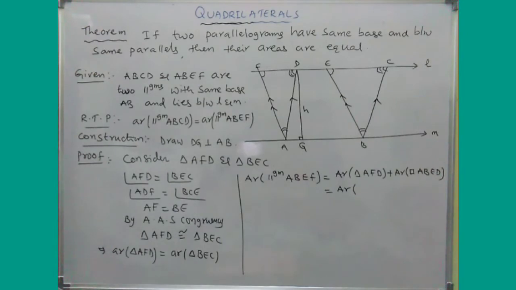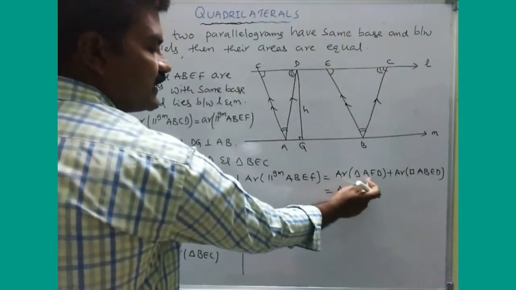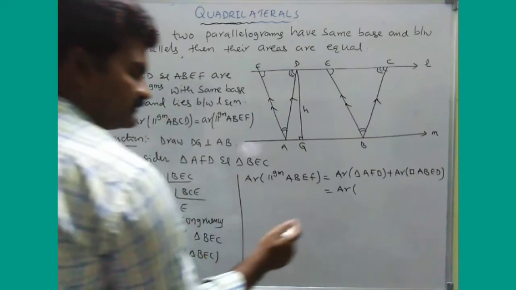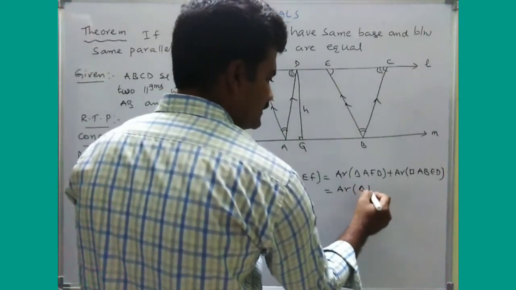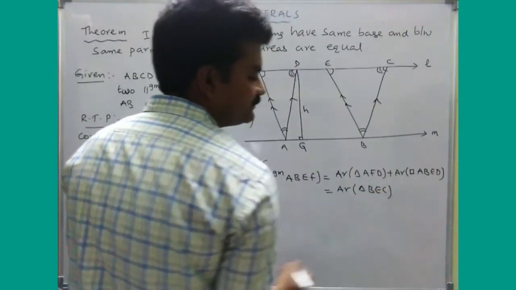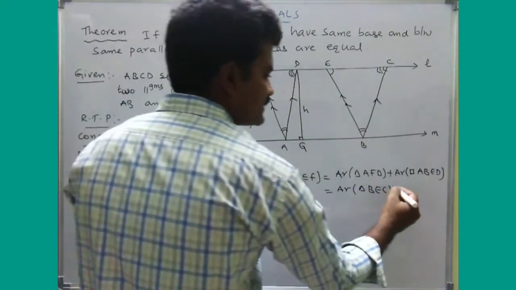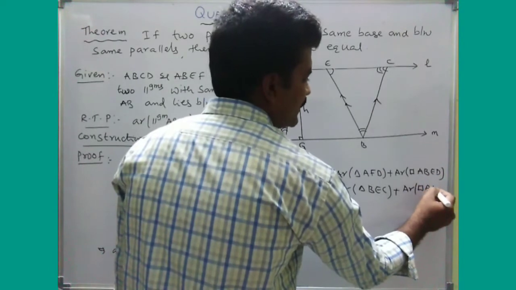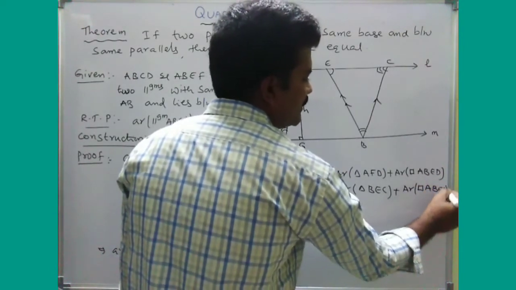So now instead of area of triangle AFD, I can write area of triangle BEC plus, let it be as it is, area of quadrilateral ABED.